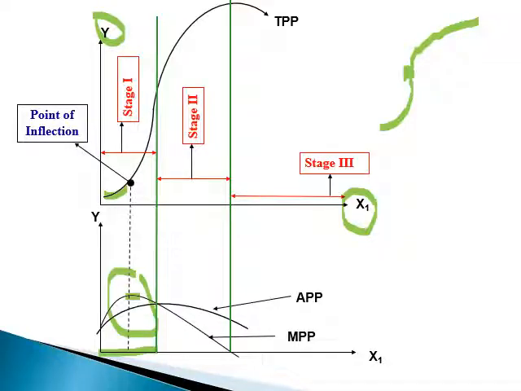In this part, the MPP function is always above the APP function. That's why, even though after the inflection point output increases at a decreasing rate, we still have to use more of x1 without thinking. There is no thinking here. Now let us go to stage 3, which is right here.